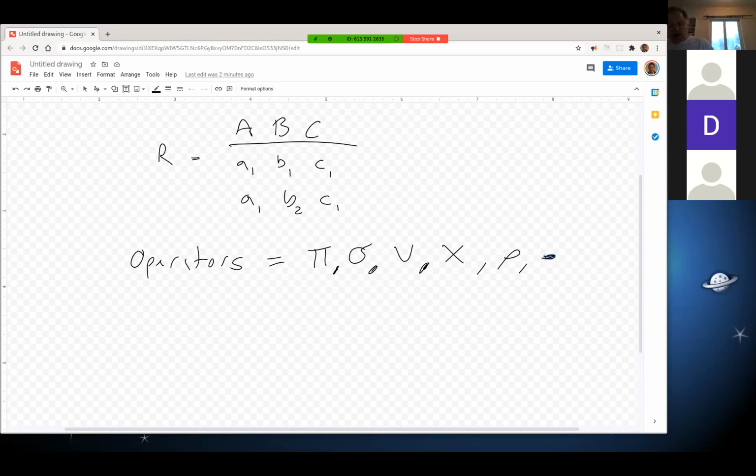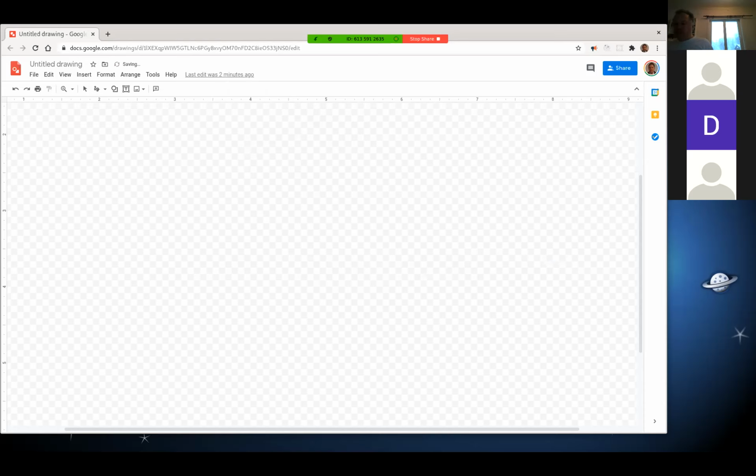So let's define these things. Let me just delete everything. Very good. All right, so let's do projection first. Let's say we have R equals, and this is a common way you see this.